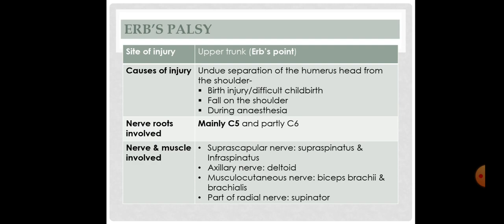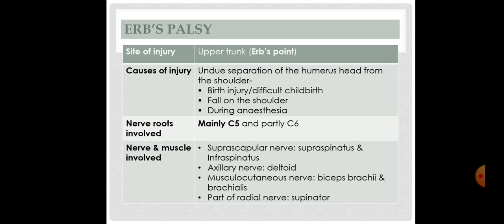There is a classical mechanism, undue separation of the head of the humerus from the glenoid cavity. That could happen in birth injury or difficult childbirth, also called shoulder dystocia.